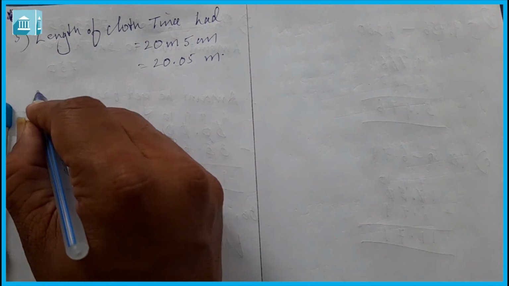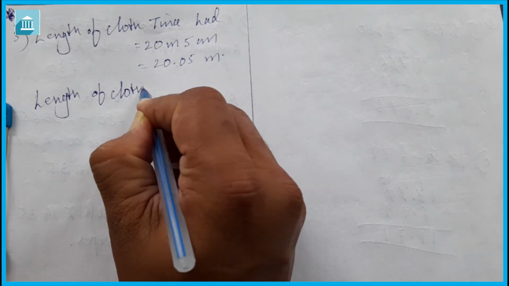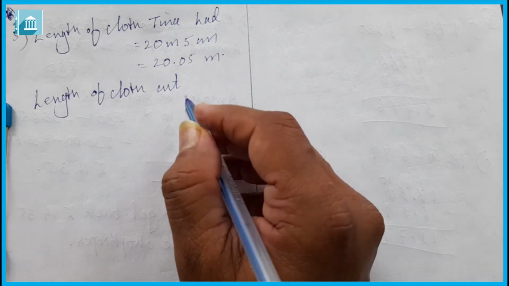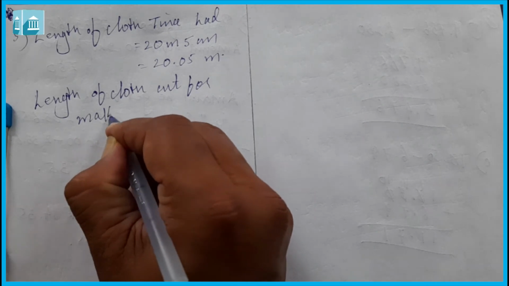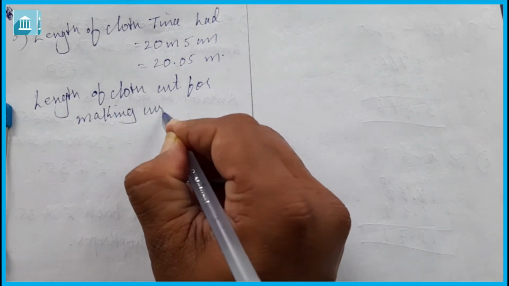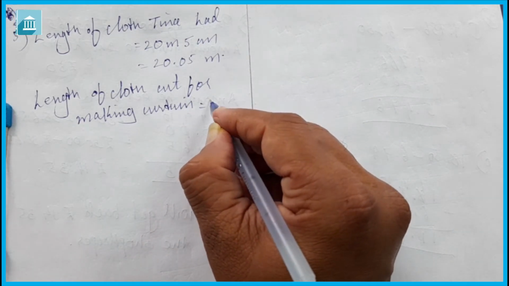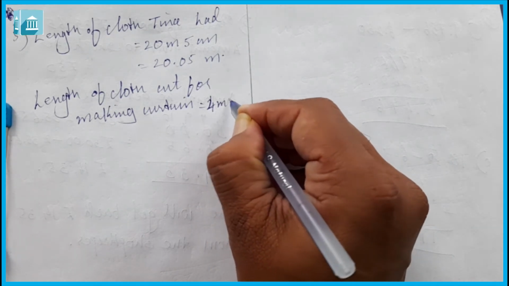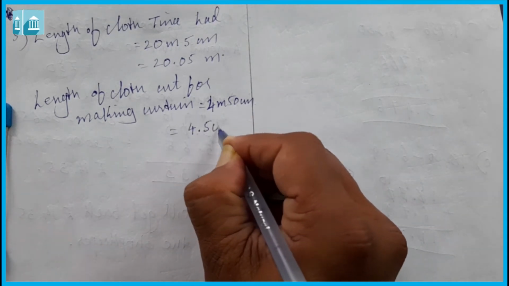Now she cut 4 meter 50 centimeter length of cloth from this. So the length of cloth cut for making the curtain is 4 meter 50 centimeters, which will be equal to 4.50 meter.